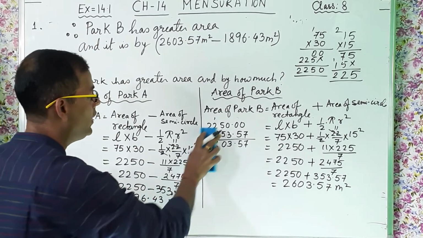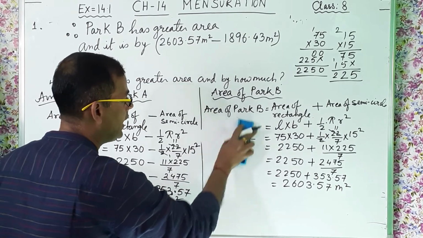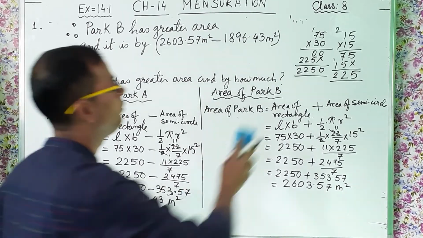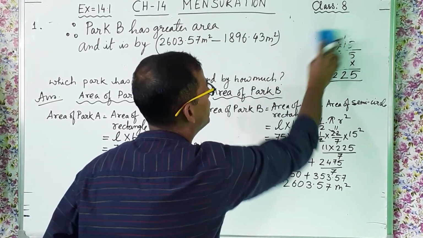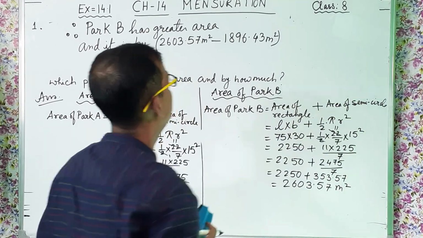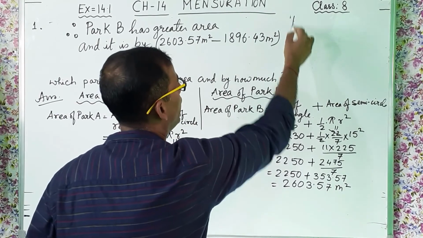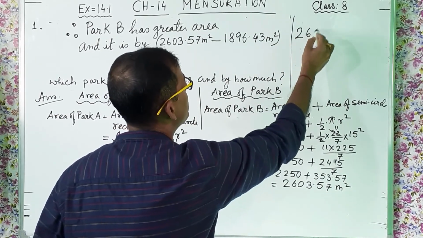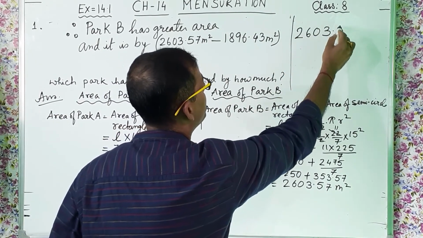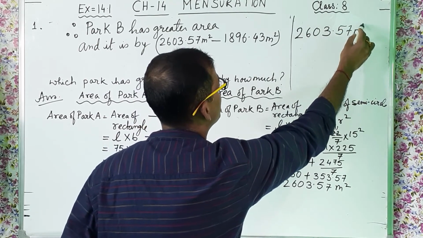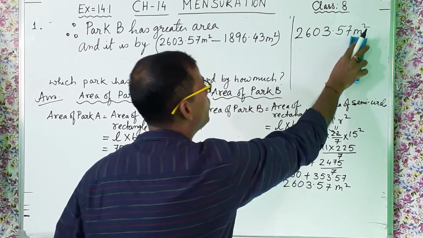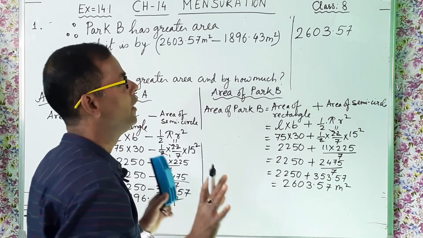So, if we subtract it, then let us see how much it is coming. Let me rub this rough also, and now we are going to subtract. So, let us do 2603.57 meter square. You don't need to write meter square, only write the numbers.